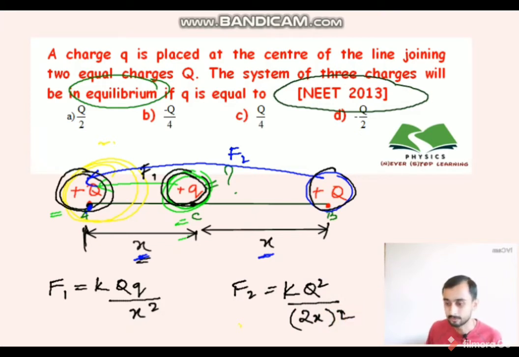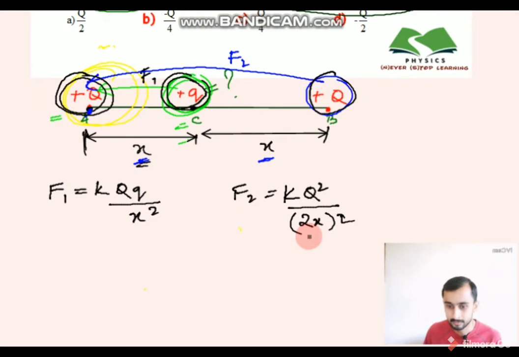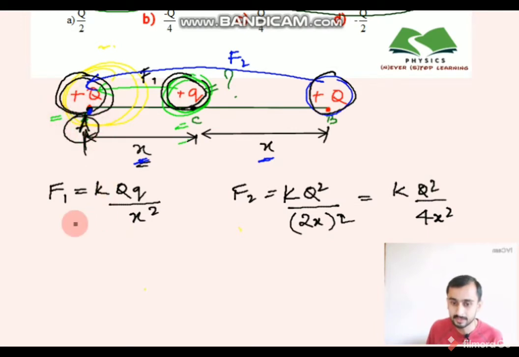If you simplify this, we can write this as k Q square divided by 4x square, right? Now the net force on the charge at A is nothing but F1 plus F2. So F net is nothing but F1 plus F2.